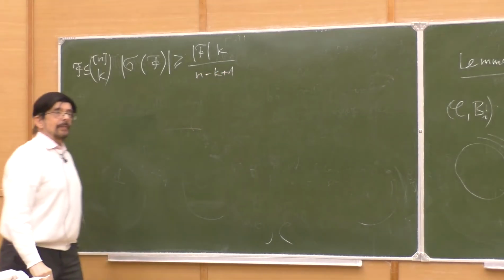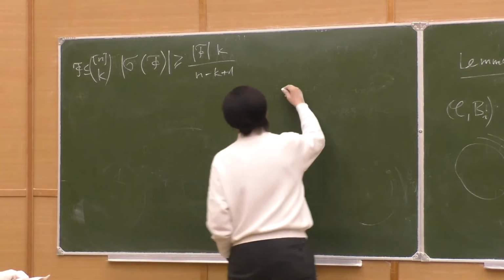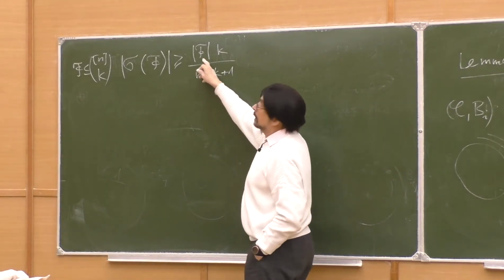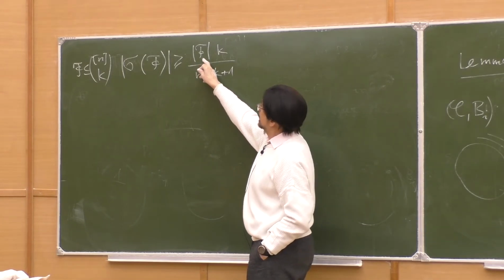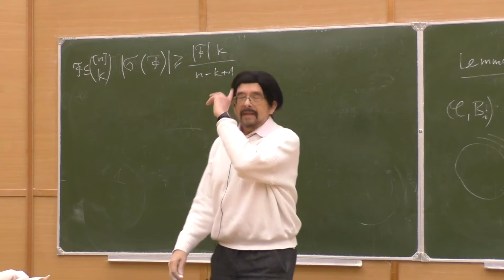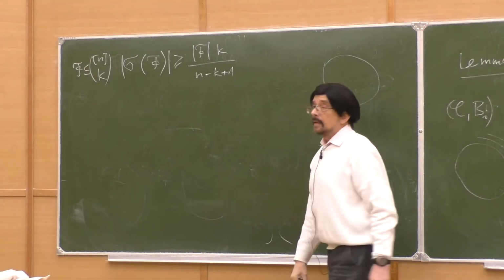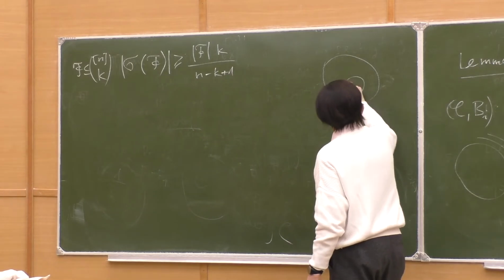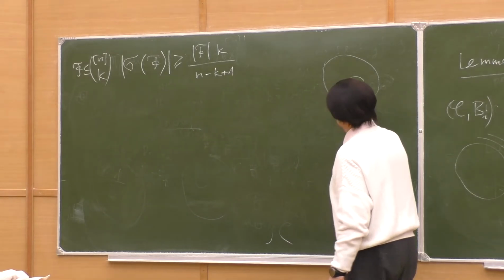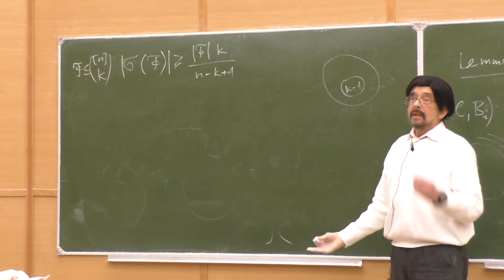I repeat the proof because there are some people who were not here in the first class. So for each member, each k element set, we can delete one element in k different ways. But in this way, we can obtain the same k minus 1 element set many times.